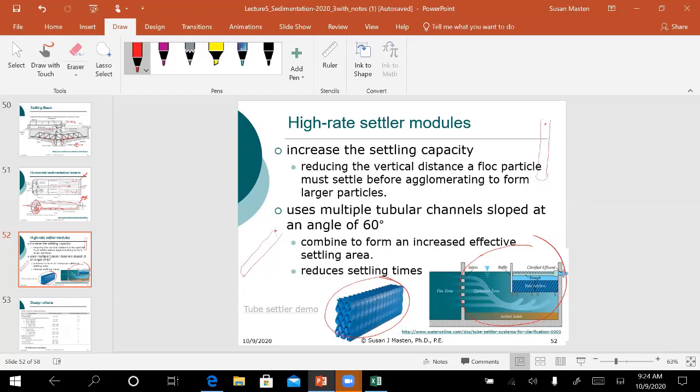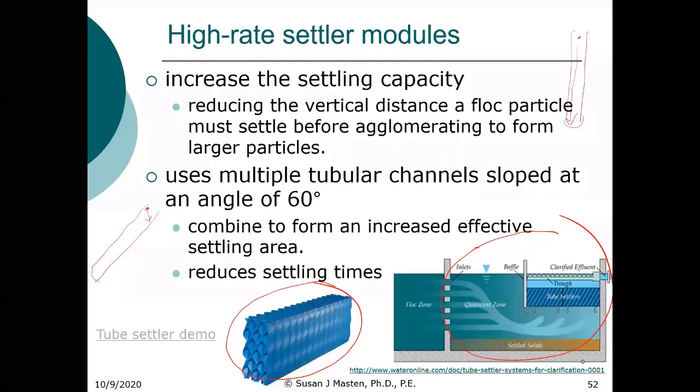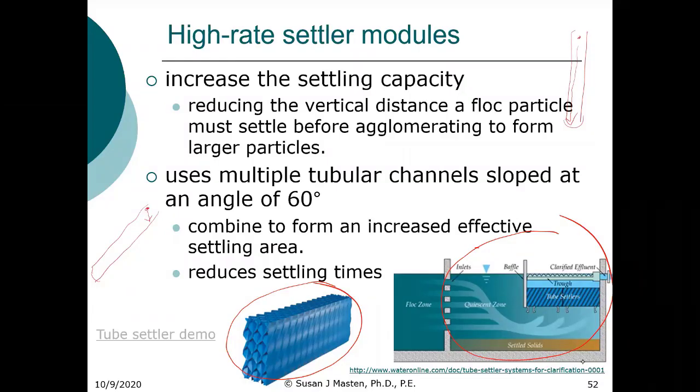This particle only has to settle this distance before it hits the floor of the tube settler. This particle has to move that entire distance. Exactly right. The particles don't have to travel as far to settle. So the tube settler is much more effective than a conventional settler.